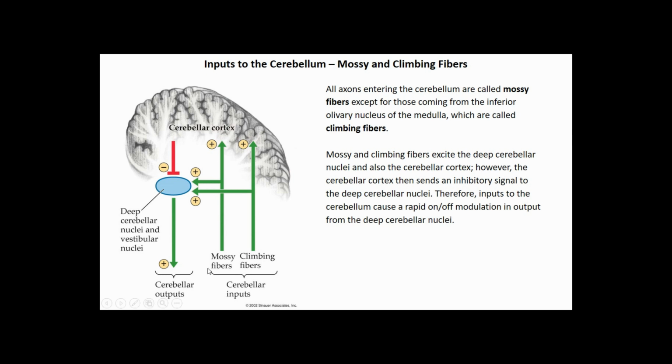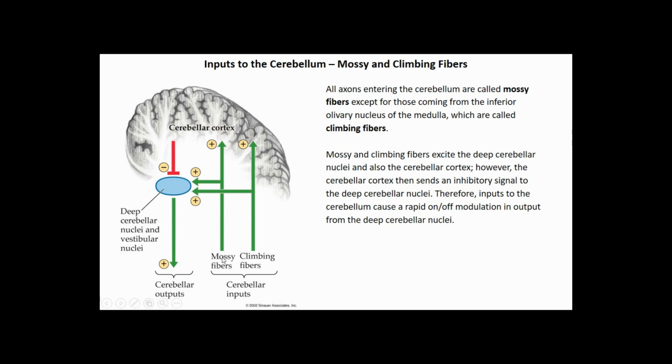Essentially, these mossy and climbing fibers are going to activate structures called the deep cerebellar nuclei. Then those same inputs will go out to the cerebellar cortex, which will then eventually cause an inhibition of this deep cerebellar nucleus. So we have kind of an on-off method to modulating activity from the cerebellum. And we'll see that again at a lot of different levels.